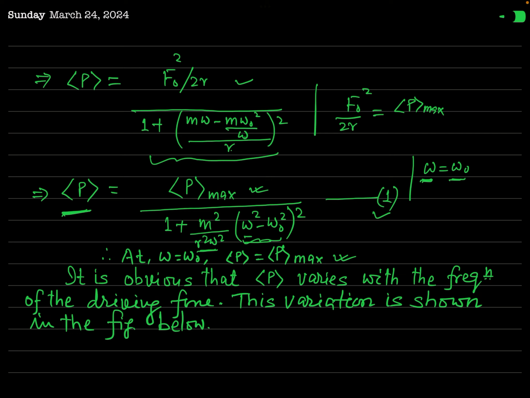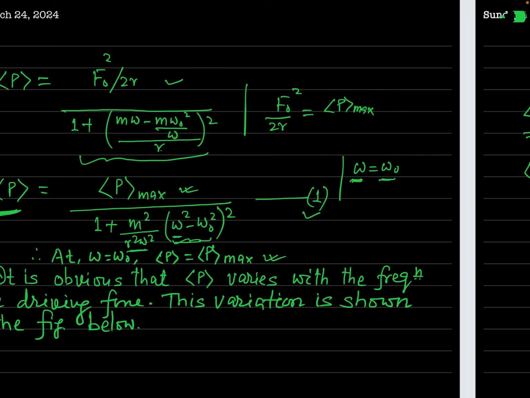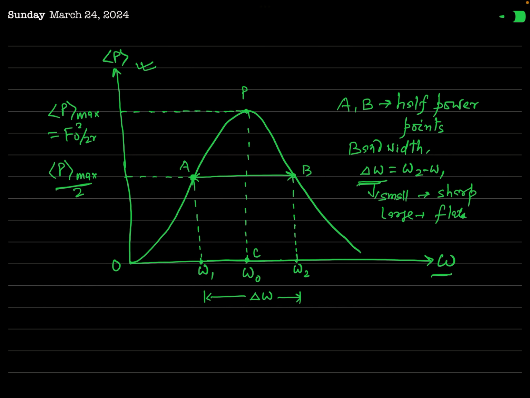We can find the values of omega 1 and omega 2 by simply using the condition P equal to P max by 2. Because when P is equal to P max divided by 2, omega will have 2 values, the first one omega 1 and another omega 2, and after getting them, you can easily find the bandwidth.